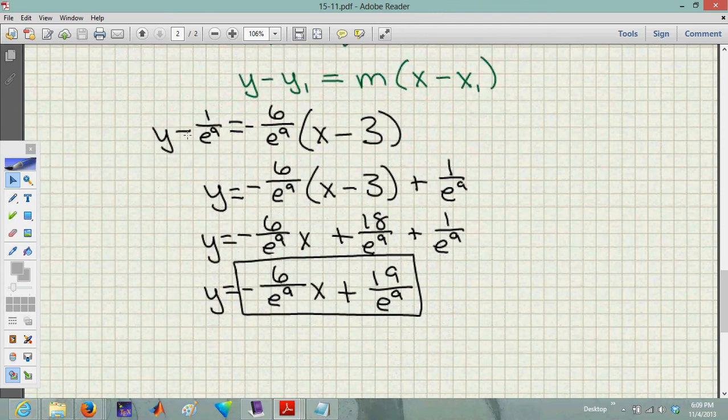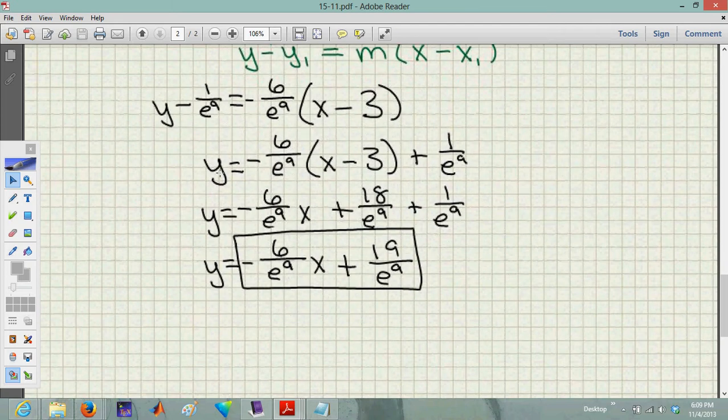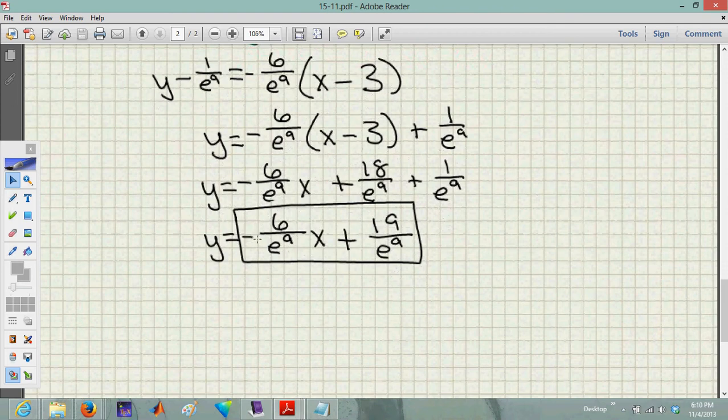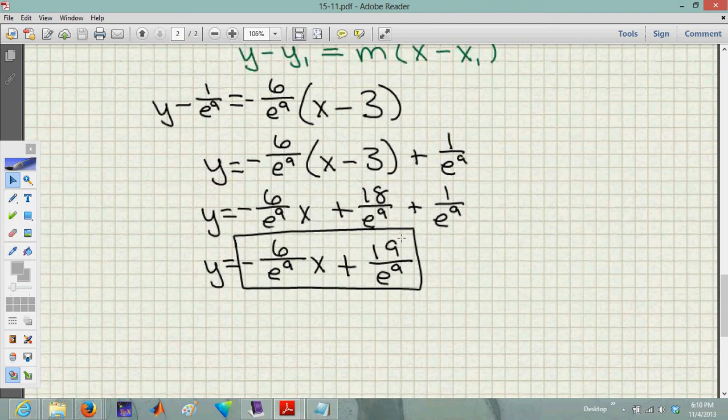I'm going to take this one here, the negative 1 over e to the 9th, and I'm going to add that to both sides, which is going to give me y equals this. Honestly, at this point, that's enough that you could enter it into WebAssign and you should be okay. But if you simplify it a couple more steps, you're going to get to the point where y equals negative 6 over e to the 9th x plus 19 over e to the 9th. And that is how we solve that one.